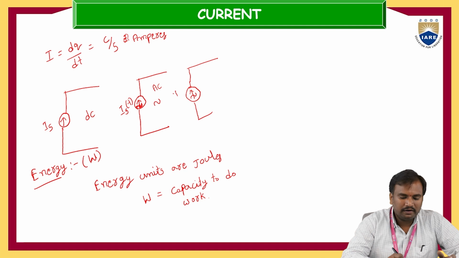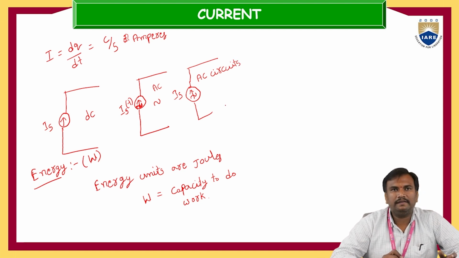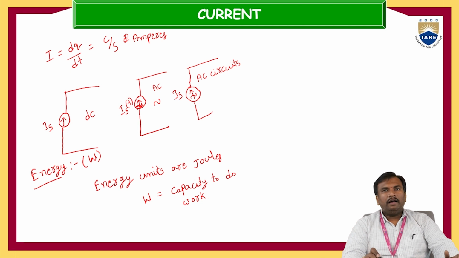This is how we represent a current source in AC circuits. And these are the voltage and current definitions.